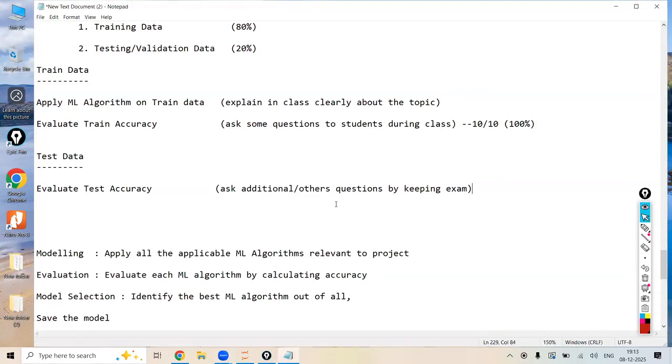So here, we ask additional questions by keeping the exam, and evaluate. For example, in the exam I have given 10 questions, out of which 8 questions are answered by the student. What is the accuracy? 80% is the accuracy. Now tell me, if I give one question paper on the given topic, you got 80% marks.